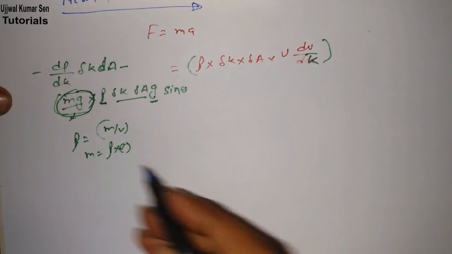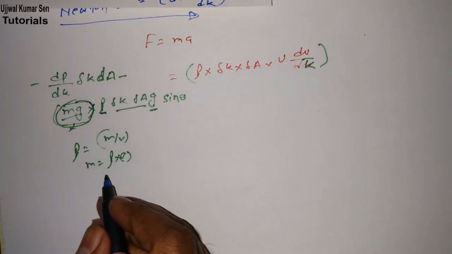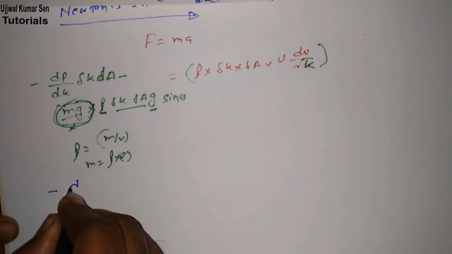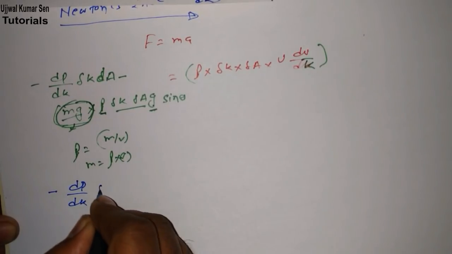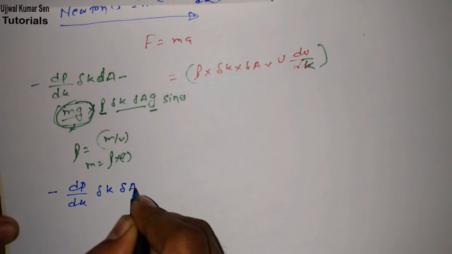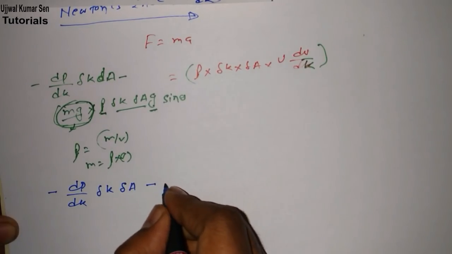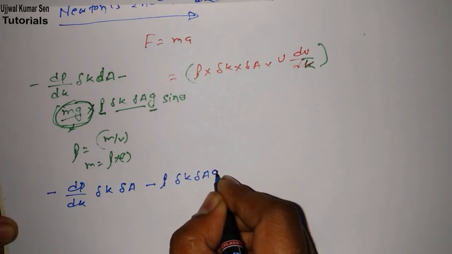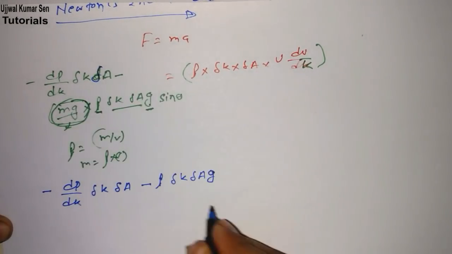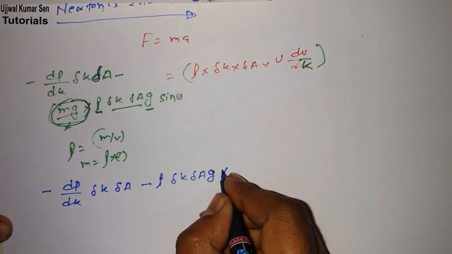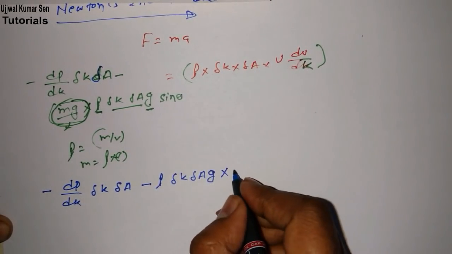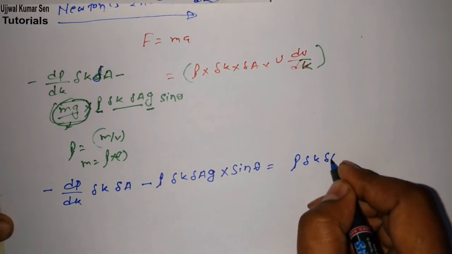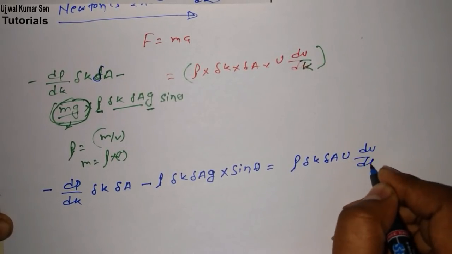If I simplify this, what I can write is minus dp by dk delta k delta a, and minus rho delta k delta a into g multiplied by sine theta, is equal to rho delta k delta a u du by dk.